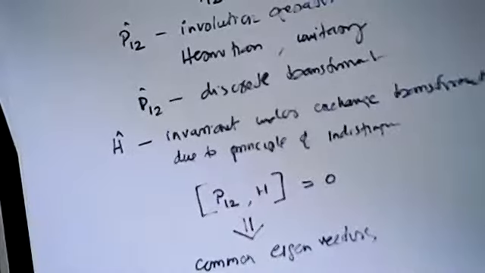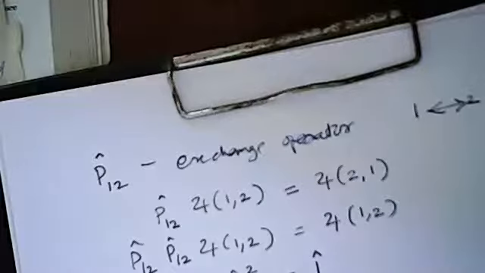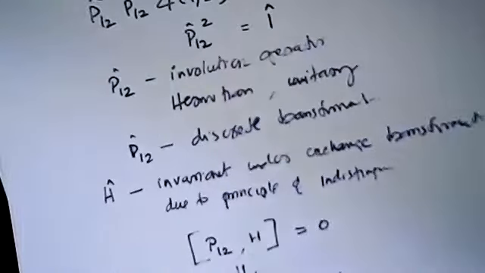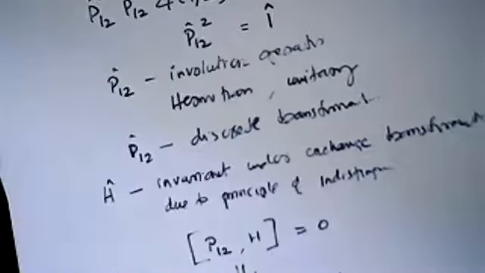Now from this equation, P12 square equals 1. So what is P12? Take the square root on both sides. What are the eigenvalues of P12? Plus or minus 1.